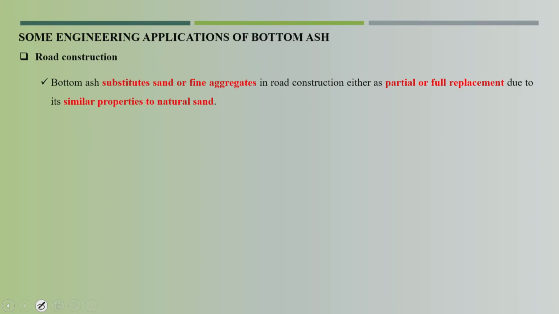Now, some engineering applications of bottom ash. Utilization could be possible, first for road construction. Bottom ash substitutes sand or fine aggregate in road construction, where a large concentration of sand and fine aggregates is required.